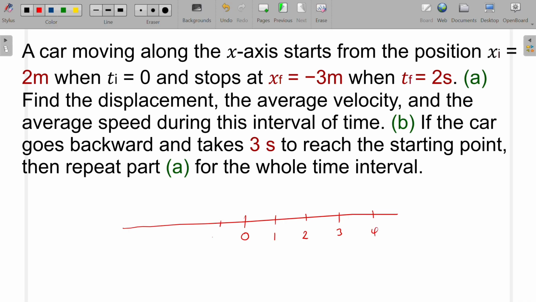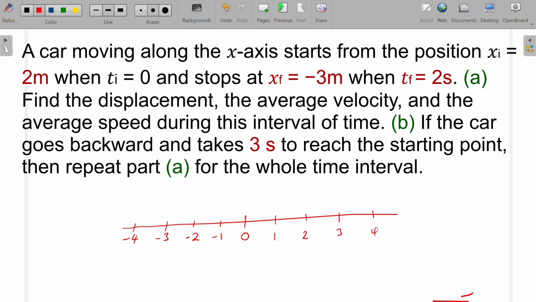Then here we have -1, -2, then -3, and then -4. All right, so this is what we have. Let's say this is distance in meters.